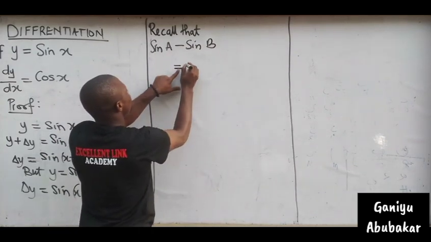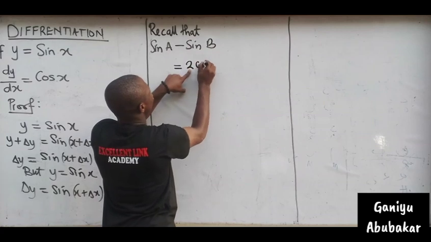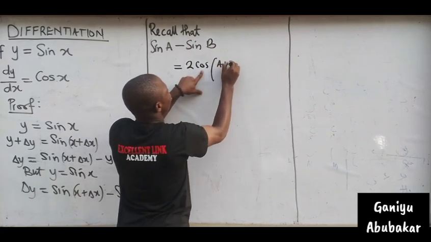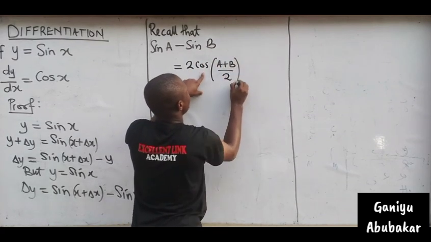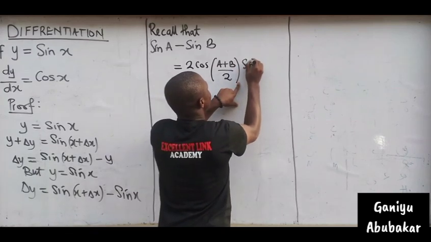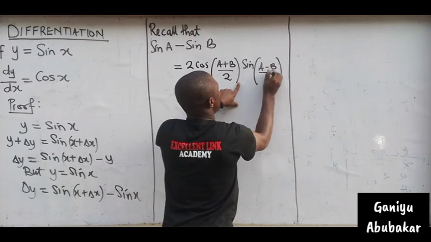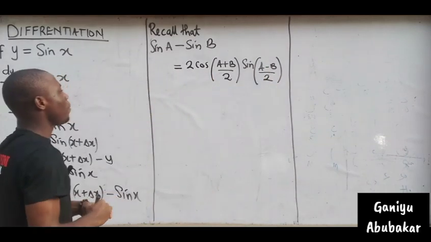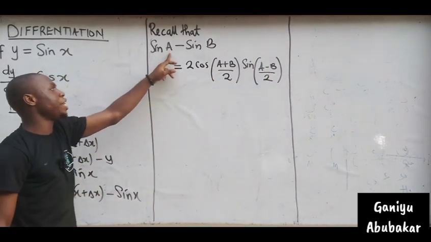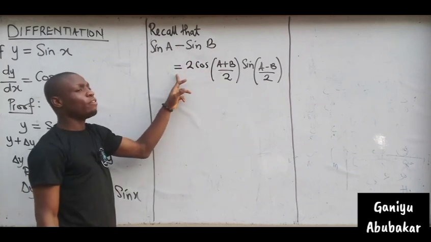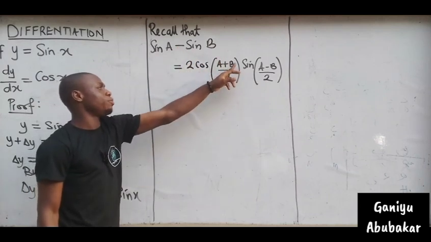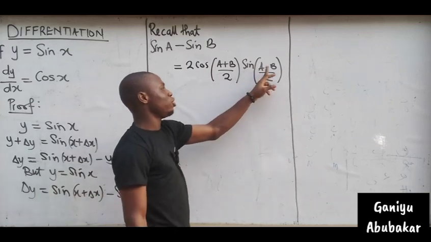The result becomes 2 cos of a plus b over 2, then sine of a minus b over 2. This is a popular trig identity that says that sine a minus sine b is equal in value to 2 cos of a plus b over 2, times sine of a minus b over 2.